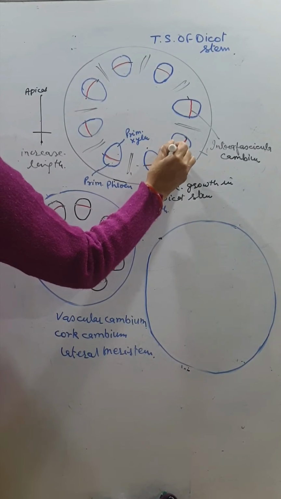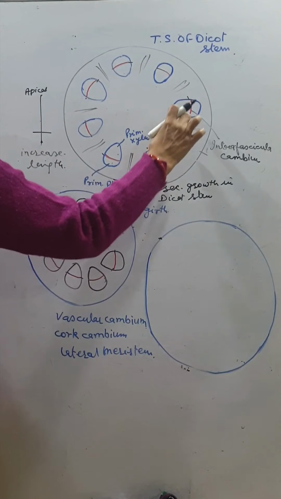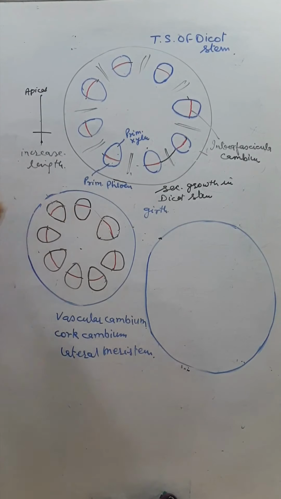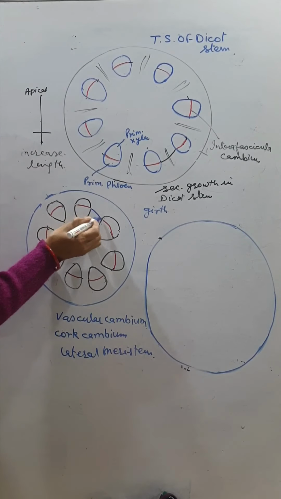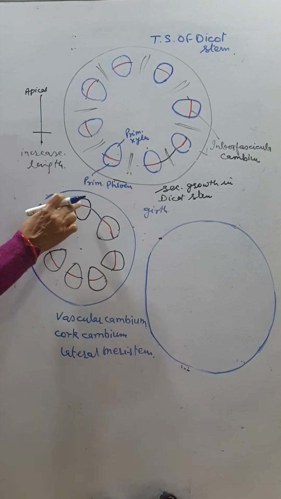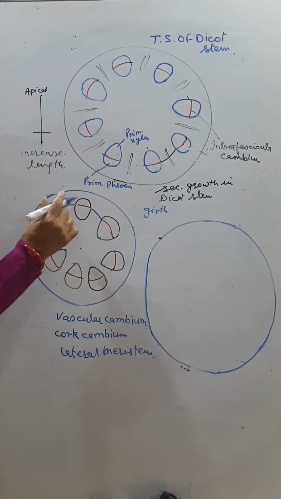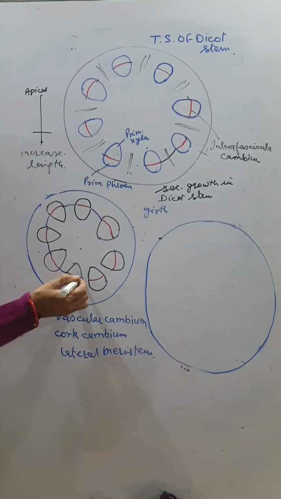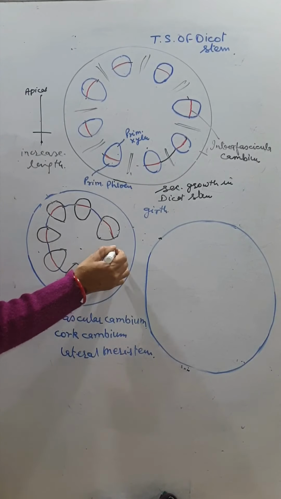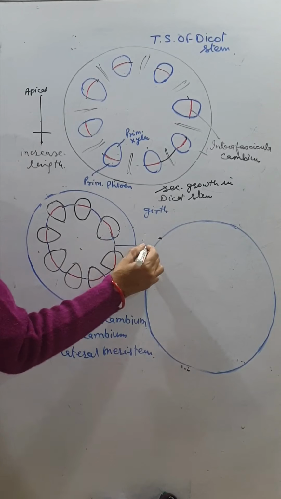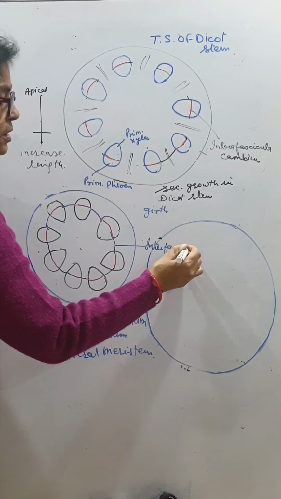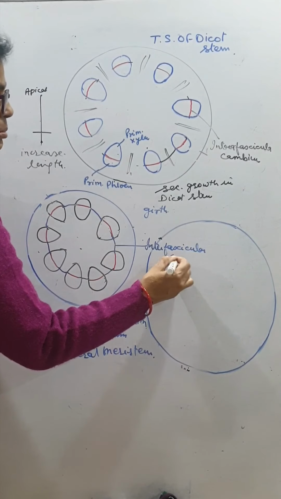The interfascicular cambium develops between the two vascular bundles. So I am drawing this diagram here. The interfascicular cambium, and this one, the intrafascicular cambium.